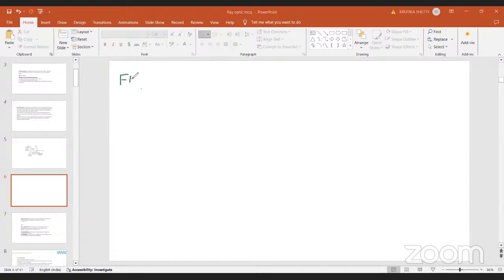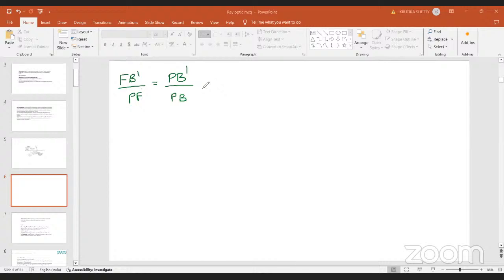Equation 1 and equation 3 you already have in your book. According to equation 1 and 3, we will have FB' upon PF is equal to PB' upon PB. This is after equating the RHS of equations 1 and 3.